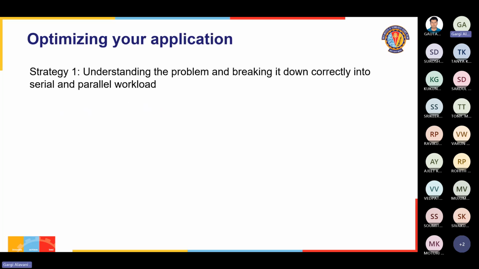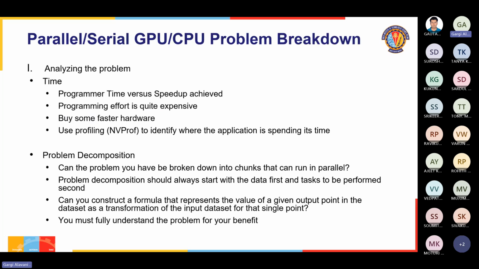So the first one is understanding the problem and breaking it down correctly into serial and parallel workload. Why is this important? Because when you are trying to analyze the program, you always have to consider the time taken for this program. That is, what will be the effort put in by the programmer, what is the programmer's time, and what is the speed up that you are achieving by utilizing this programmer. Because programming effort, as you all know, is quite expensive.